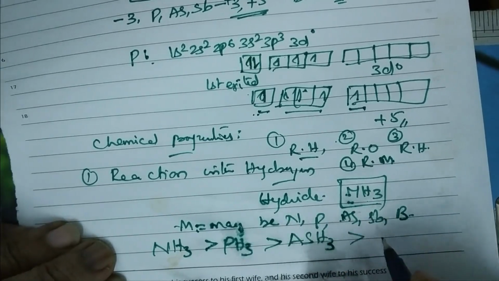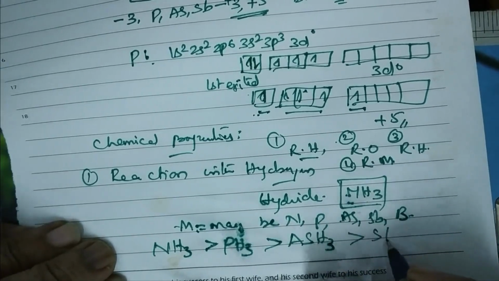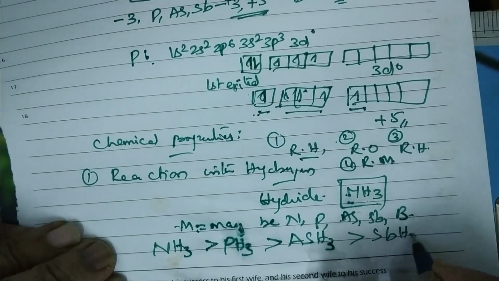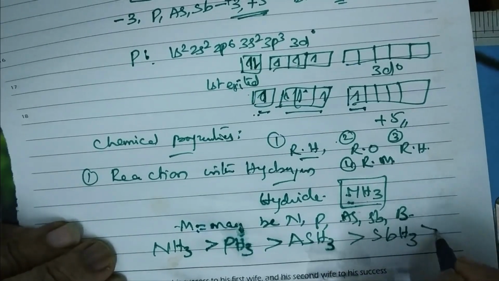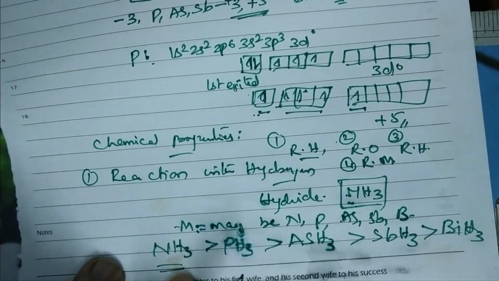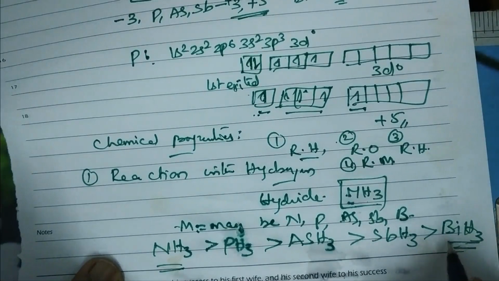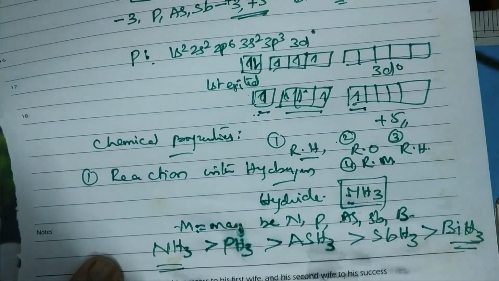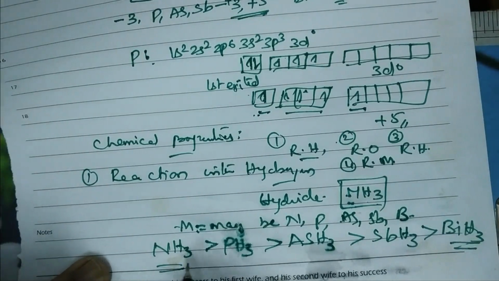This one is also more stable than the antimony hydride, SbH3, which is greater than BiH3. So the most stable hydride is ammonia and the least stable hydride is BiH3. That means the basic nature increases. Now, ammonia is most basic, whereas BiH3 is least basic.